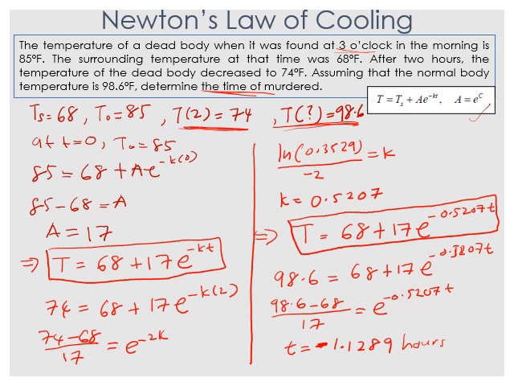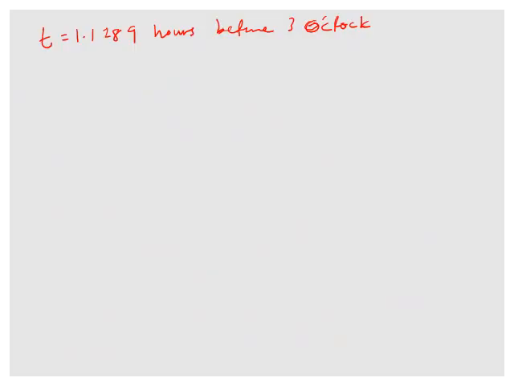So how to change it? First, you need to change it into minutes. 1.1289 hours before 3 o'clock.